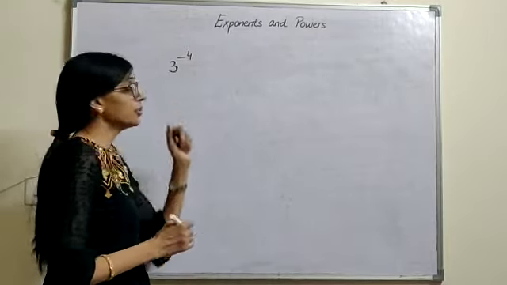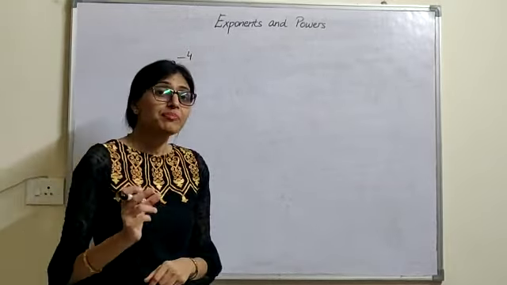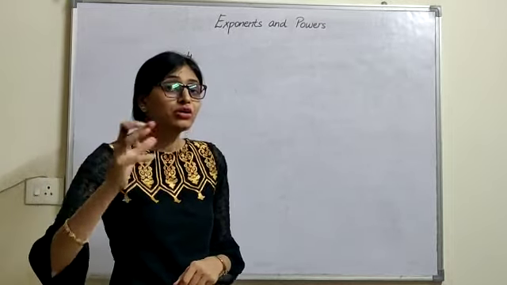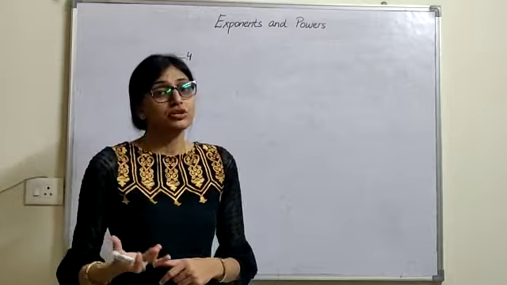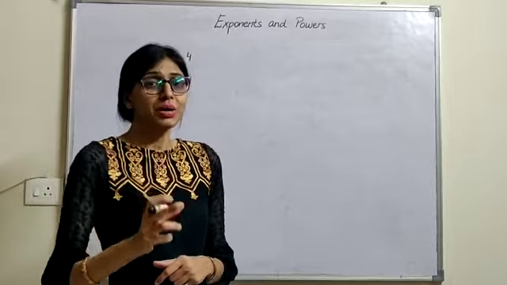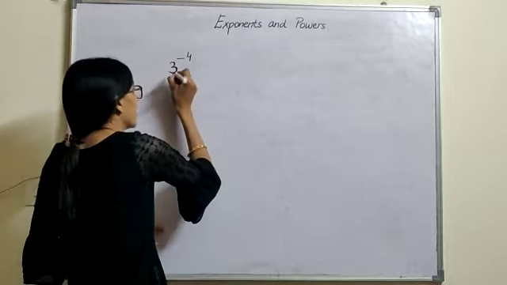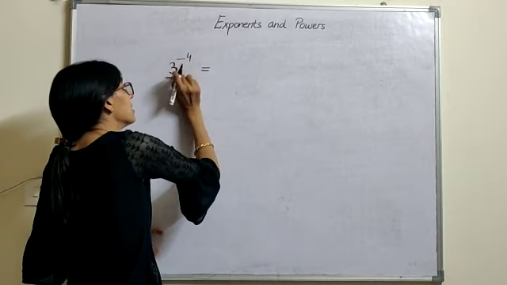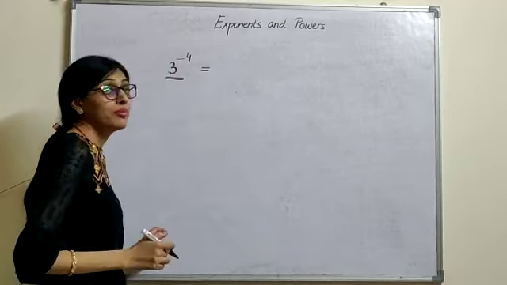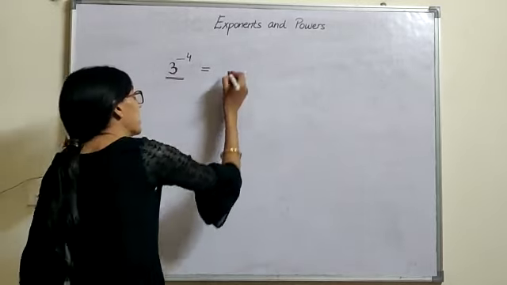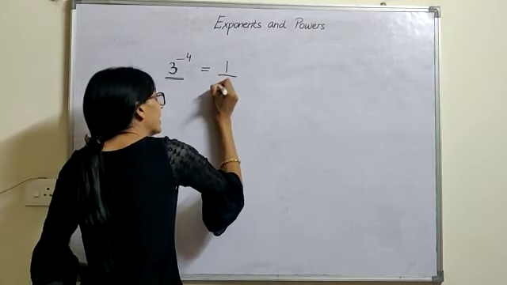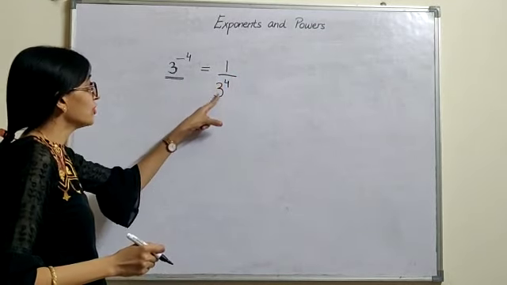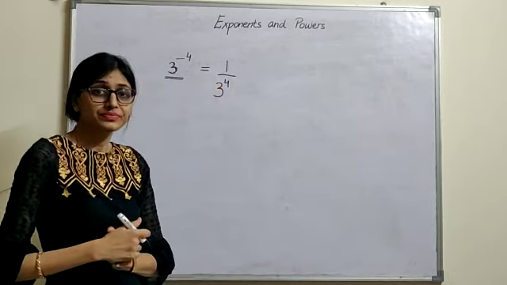Now I told you in the laws that if a power is negative and we take it from numerator to denominator or denominator to numerator, the sign of the power changes. So here it is in numerator. When I take this power in denominator, it will become positive. So can I write it as 1 upon 3 raised to power 4?